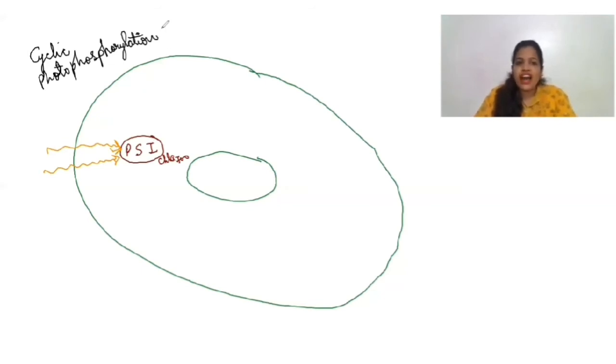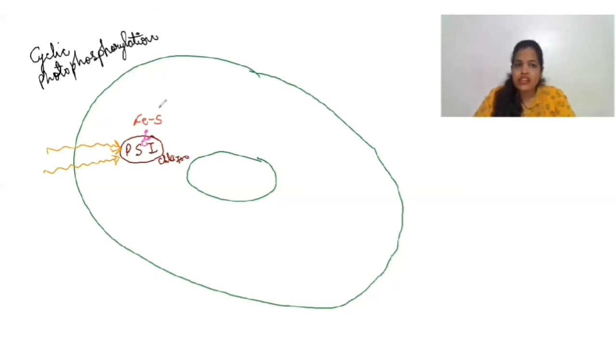Now, when the photons are received, what happens? An electron is ejected. The electron comes out and is received by the primary electron acceptor of photosystem 1, which is the iron sulfur compound FeS.